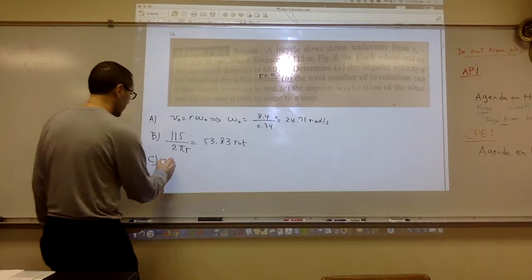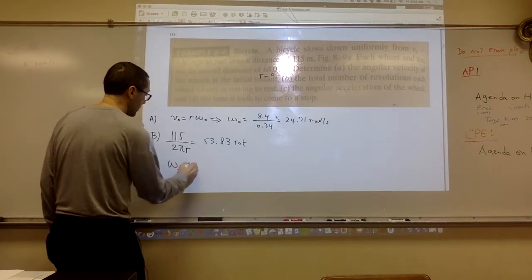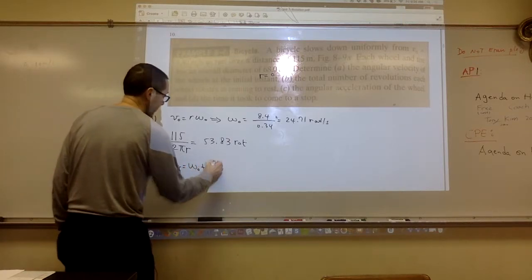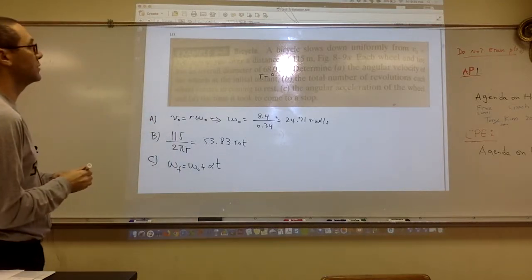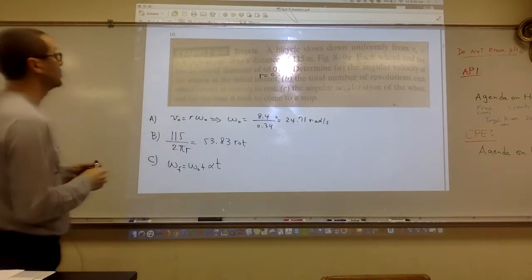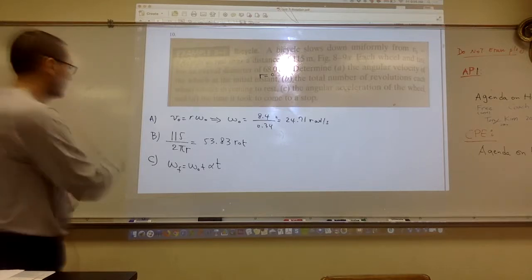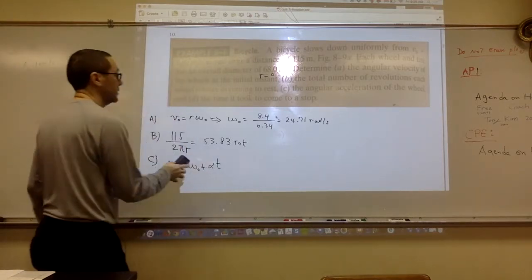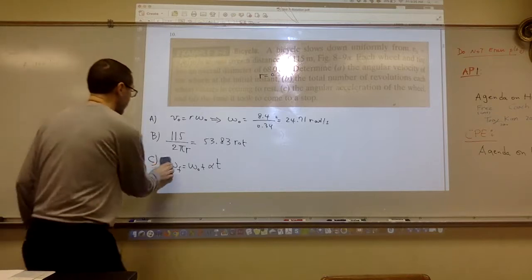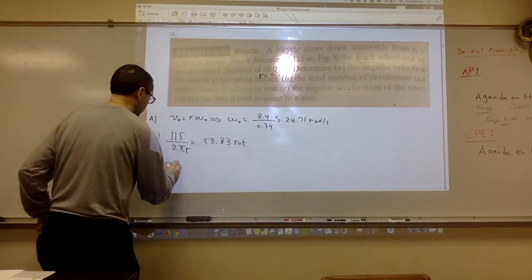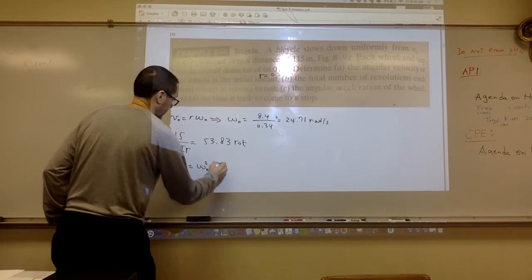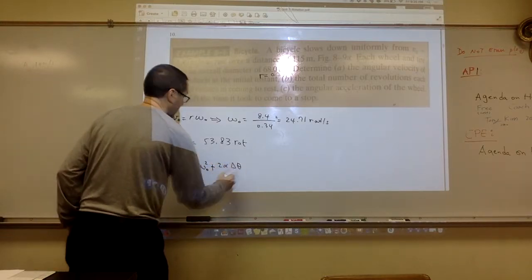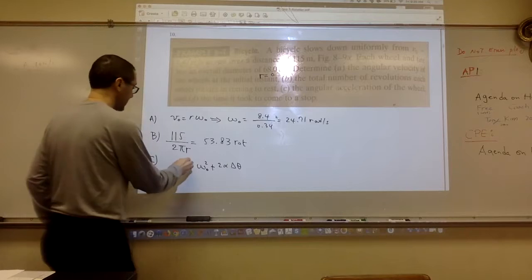Part C, the angular acceleration of the wheel. Okay. So I think we can do omega final equals omega initial plus alpha times t, because I think we know the time. No, we don't know the time. So I think we have to use the one without the time. Okay, I think this is 0.